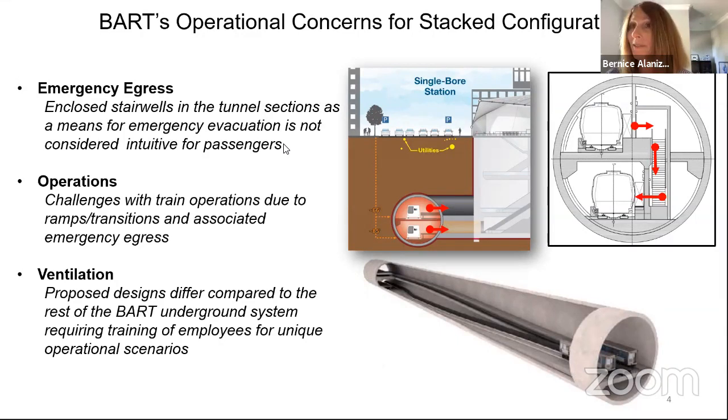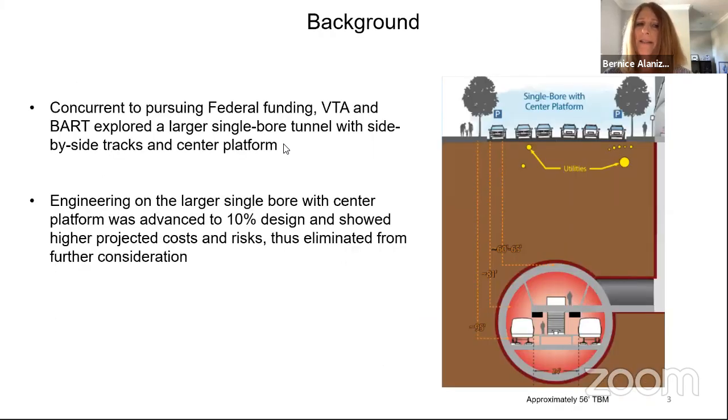The twin bore configuration continues to be a less favorable option due to the construction impacts in the downtown San Jose core. The larger single bore, as we've now mentioned a couple of times, has the higher risks associated with it and is cost prohibitive.